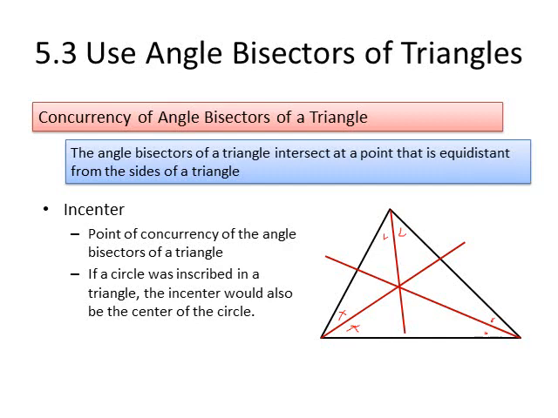Okay, the point of concurrency, let's read the definition of it. The point of concurrency of the angle bisectors of a triangle. If a circle is inscribed in a triangle, the incenter would also be the center of the circle. Mister, what is the meaning of the last sentence? Can you tell me?